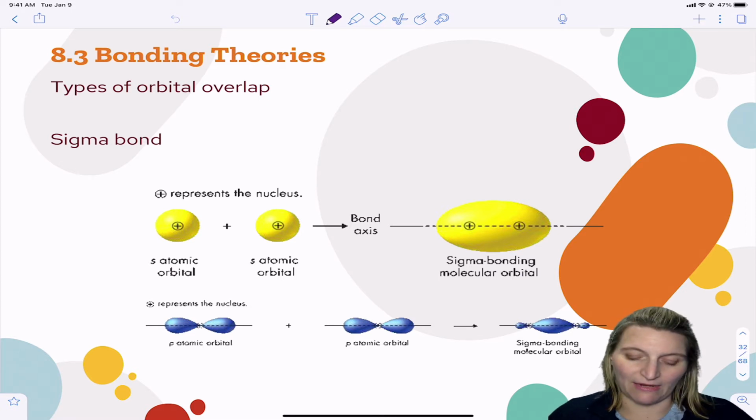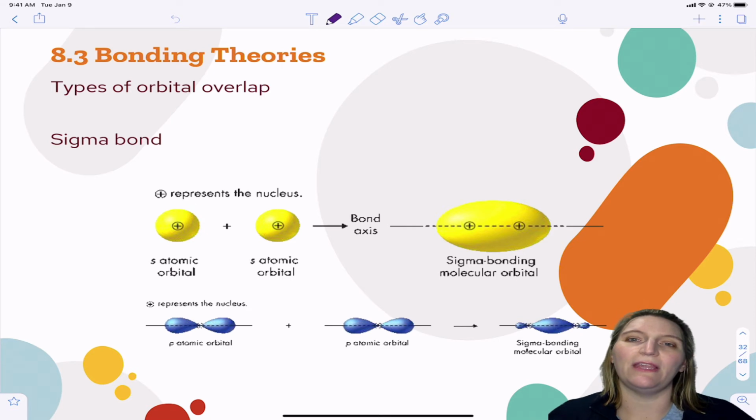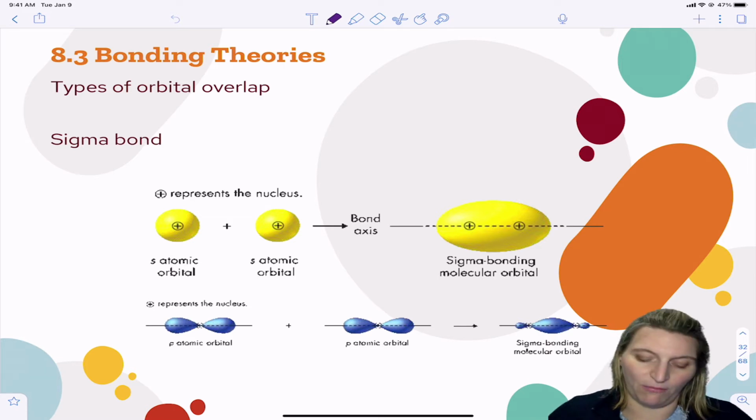The first type is called a sigma bond. A sigma bond is an orbital overlap where the overlap occurs on the internuclear axis. It is the strongest type of orbital overlap, and it allows for rotation of the bond.